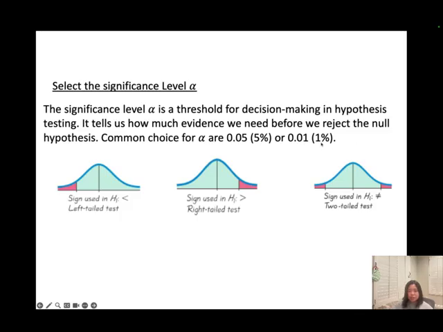And for hypothesis testing, we mentioned that we have 3 types of alternate hypothesis, right? And we have a left tail when you have a strictly less than. When we have the left tail, you're going to see this one. This belongs to your significance level.